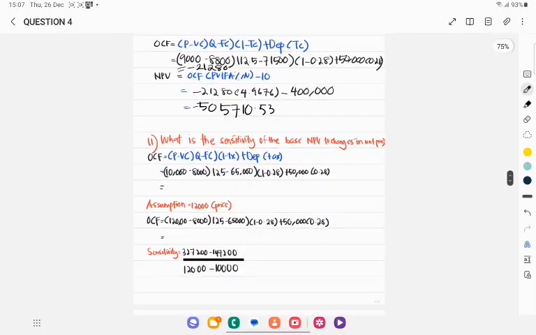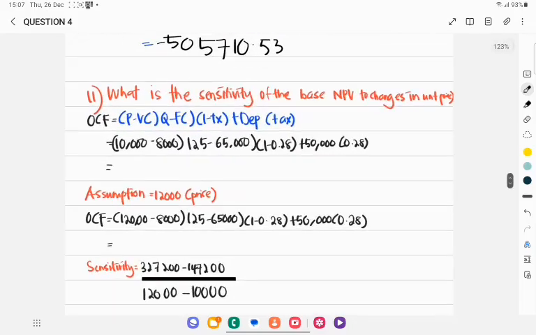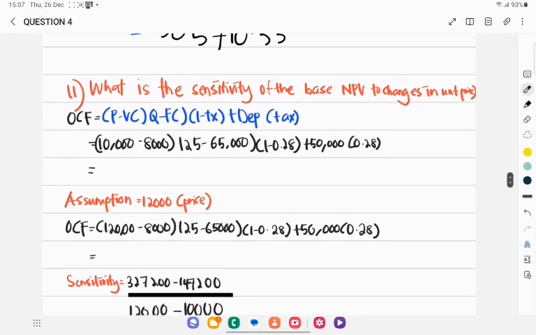Next, we move to question 2. What is the sensitivity of the base NPV to change in unit price? So for this question, we need to calculate the OCF, for which the formula is P minus VC multiply Q minus FC multiply 1 minus tax rate plus depreciation multiply tax rate.